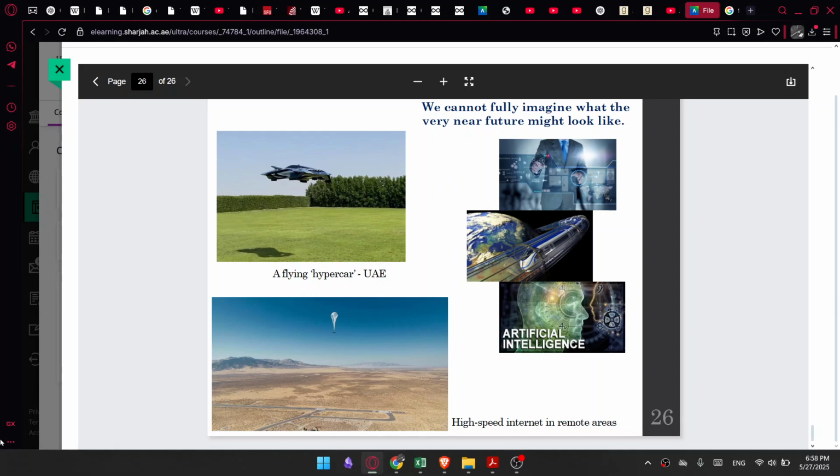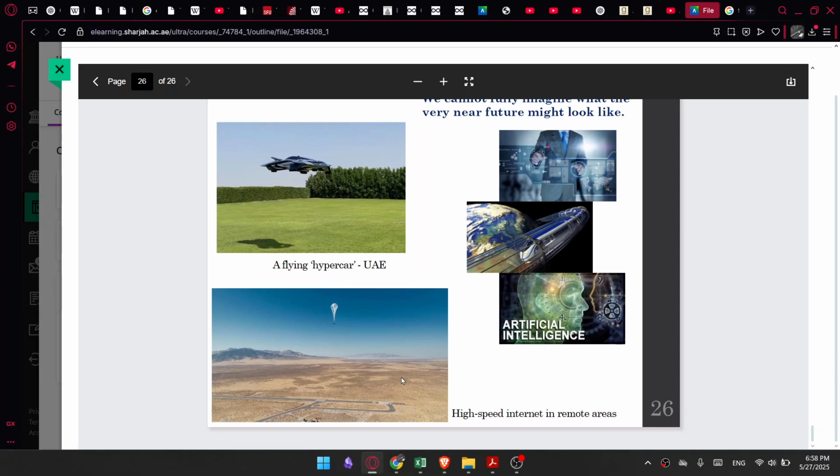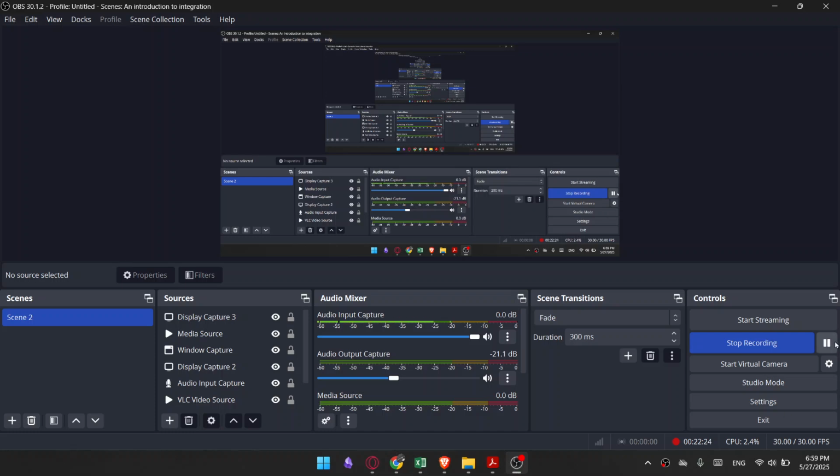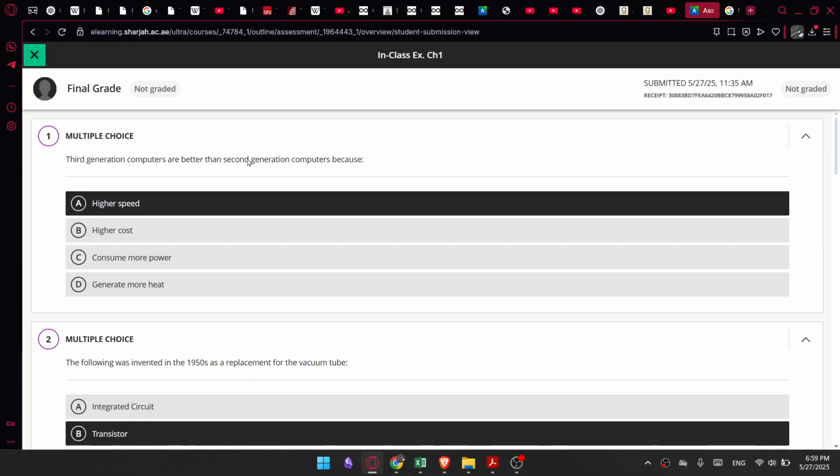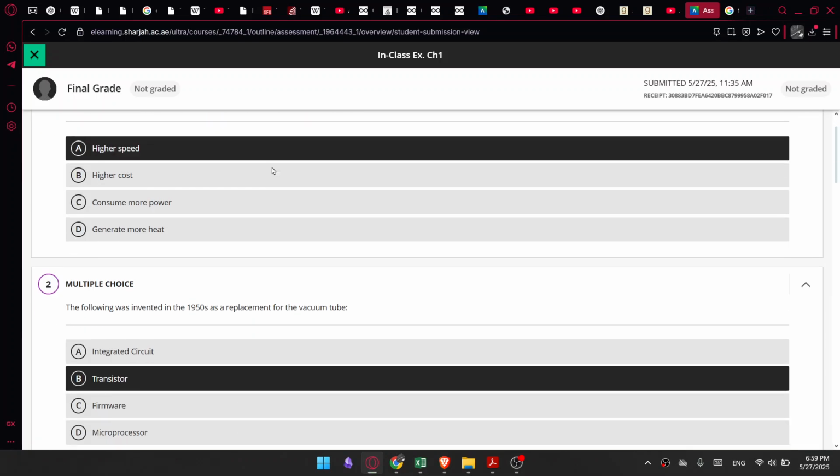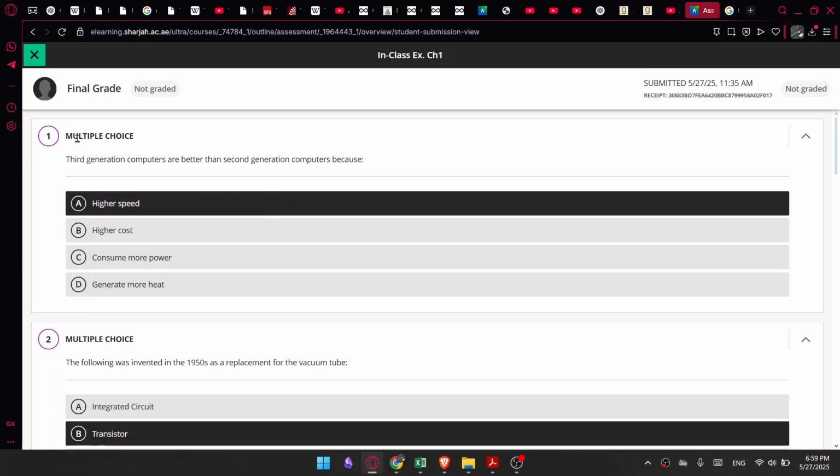Artificial intelligence, high-speed internet in remote areas. I'm going to open a quick quiz, or exercises. This was an exercise during the class: third generation computers are better than second generation computers because what?